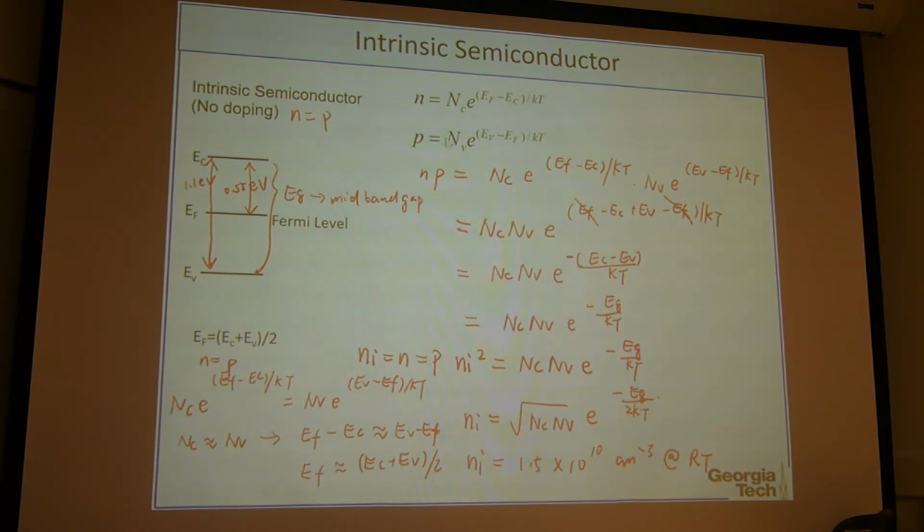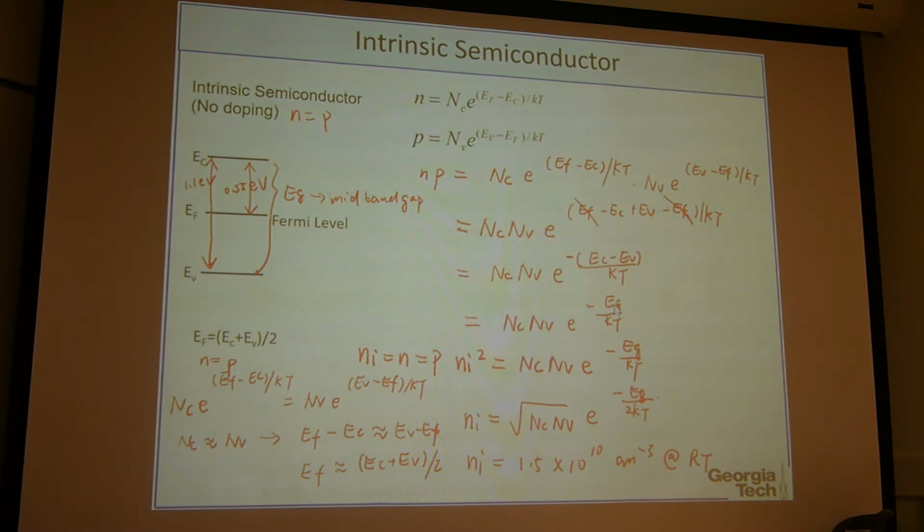And also we can look at the NP product using those equations here. You can multiply N and P, and if you do that, you can see that EF cancels out. Then what is left is just the EG.